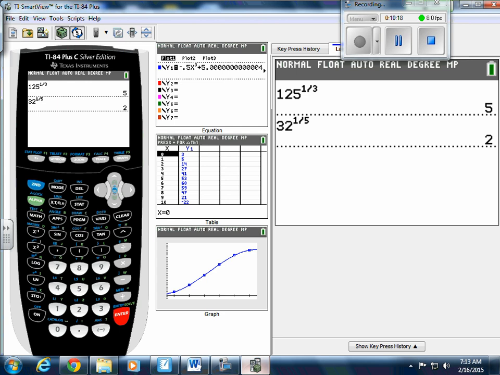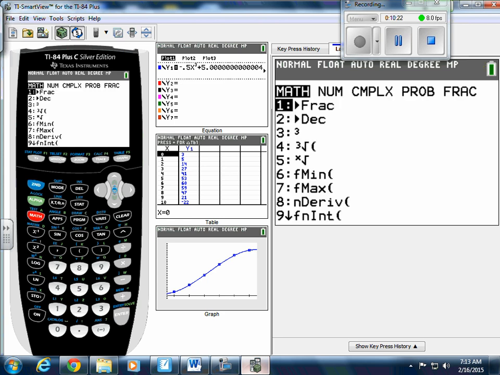You can also go into your math button. If you hit the math button, you'll see here for number 4 is your 4th root, and number 5 is the xth root. So you can put whatever root you would like to use. So if we want to use, let's say the xth root of something, here's what we're going to have to do.